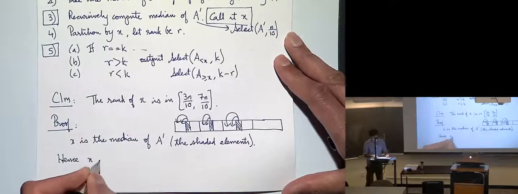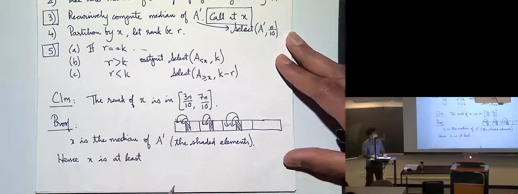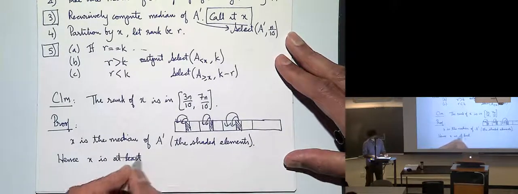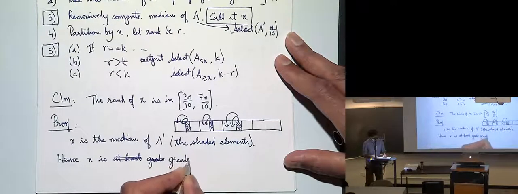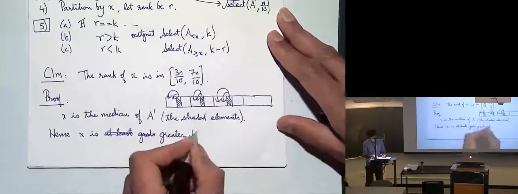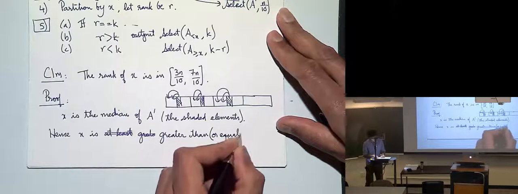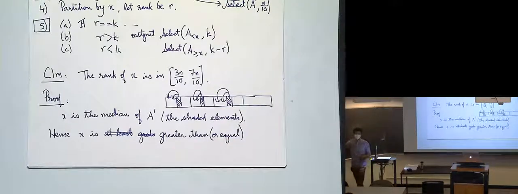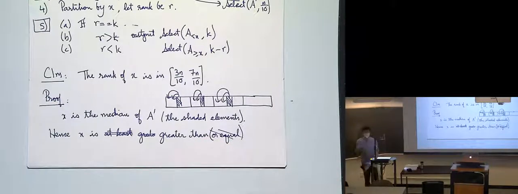Hence, x is greater than or equal. Let's assume that all elements are distinct, just to get rid of corner cases. So we'll just assume it's greater than.